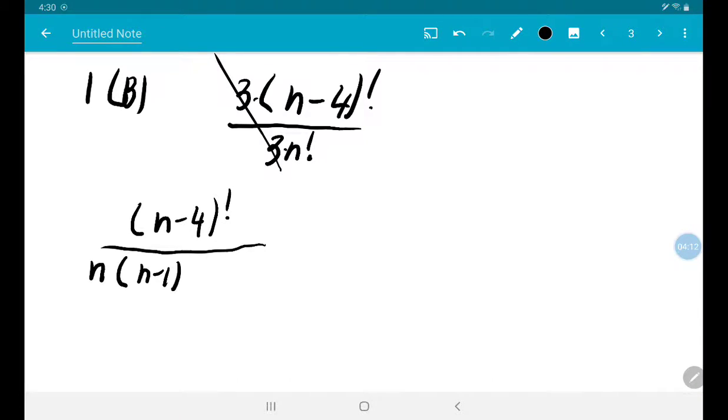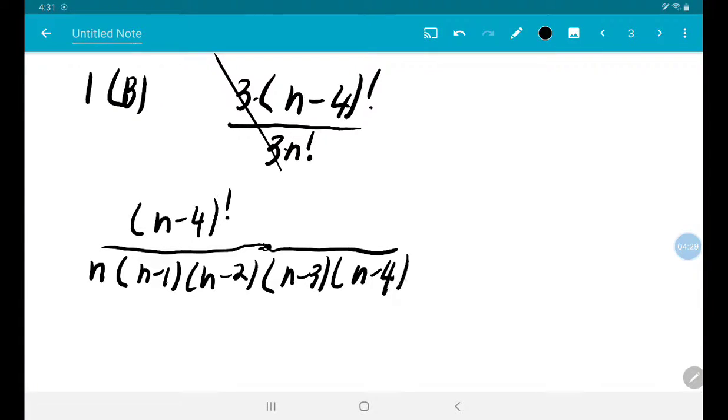That would be n minus 1, and I just keep reducing by 1 until I match up with the smaller one here on top. So it's n, n minus 1, n minus 2, n minus 3, and then n minus 4 and beyond.